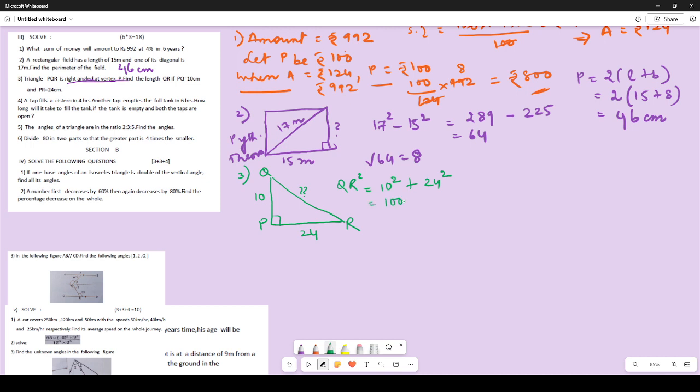That makes it 100 plus 576 and it comes to 676, and QR will be equal to root 676. If you have left it at root 676, I have given you full marks. It is 26 centimeters. The square root of 676 is 26. So that should have been your answer.